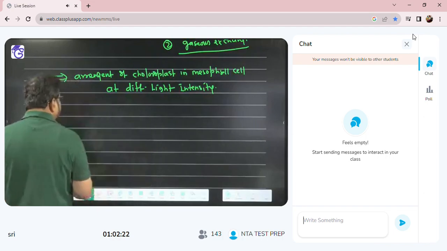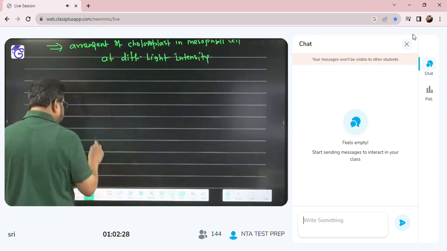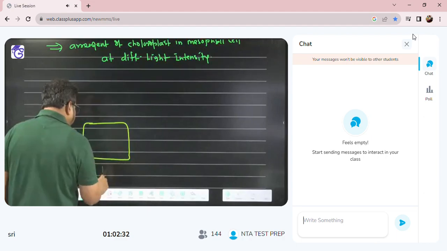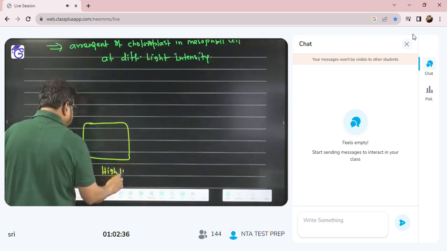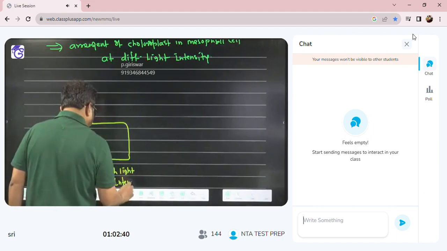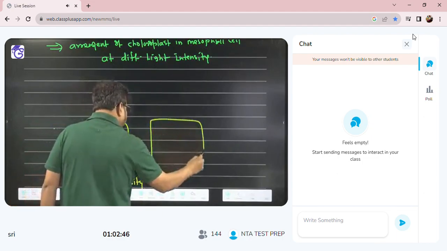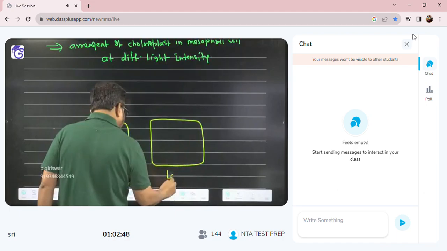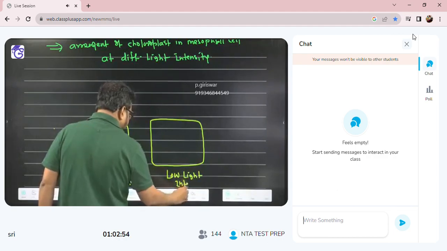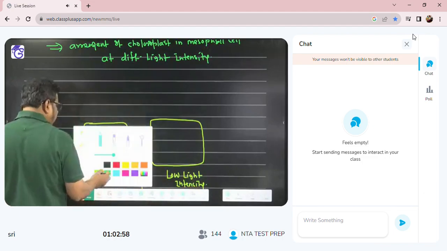How? Try to understand. This is a mesophyll cell at high light intensity. And this is the same mesophyll cell at low light intensity. Got the idea? What happened?